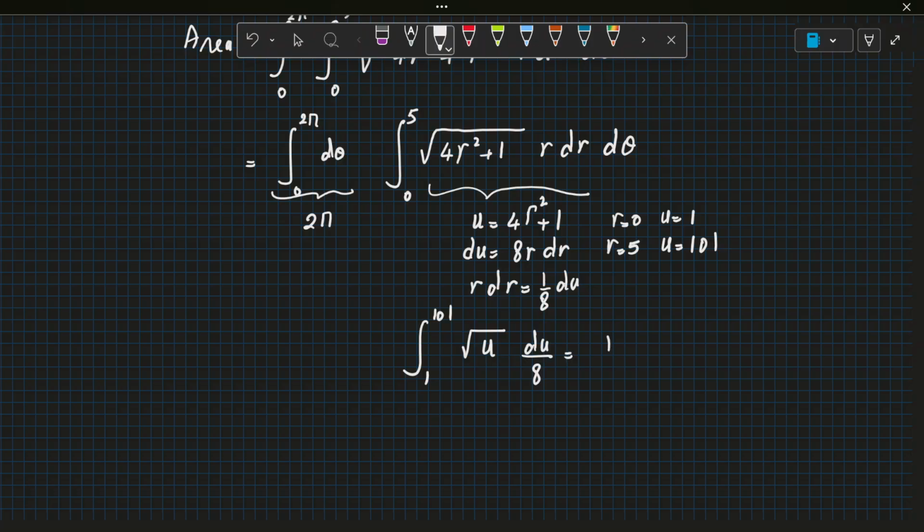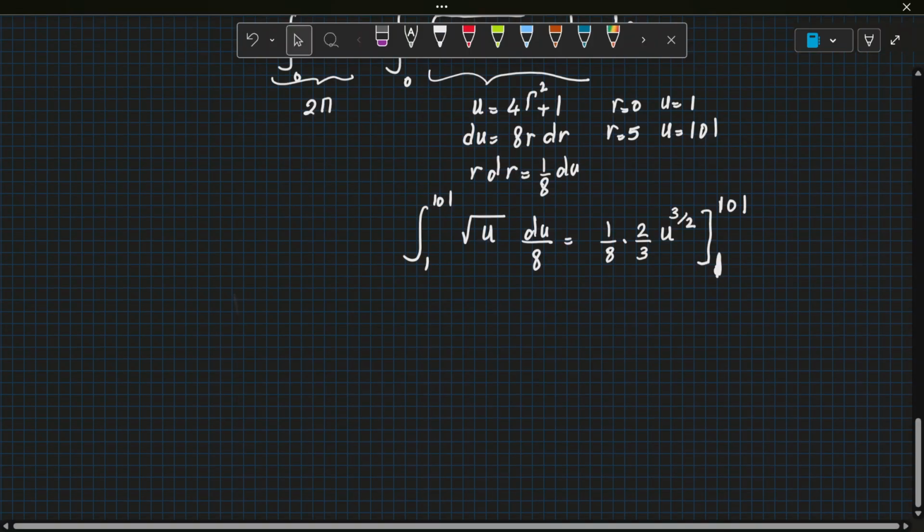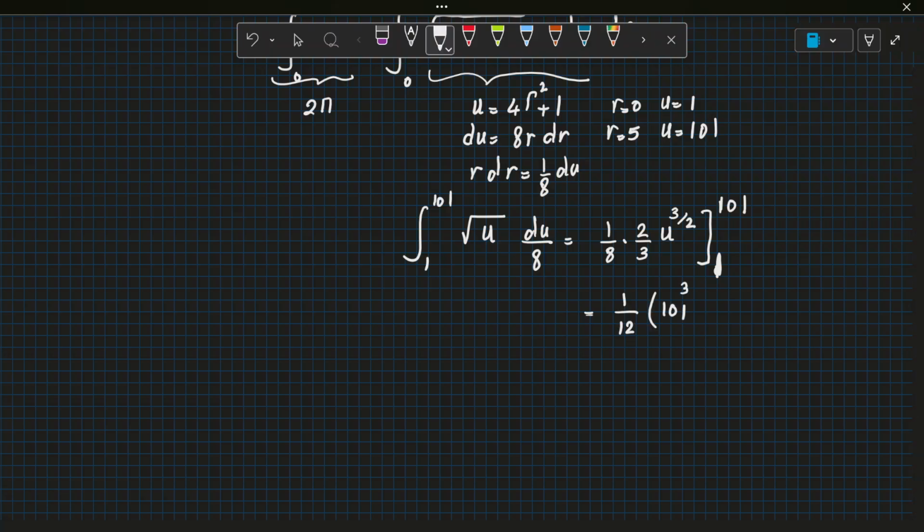So let's integrate that. It is 1/8 of the antiderivative of the square root of u, which is u to the power of 3/2, of course, times 2/3. Is that right? u to the power of 3/2, I have to multiply by 2/3. And all of that has to be evaluated between 1 and 101. What's going to be left out of all of this? This is going to be 1/12 of 101 to the power of 3/2, and then minus 1.